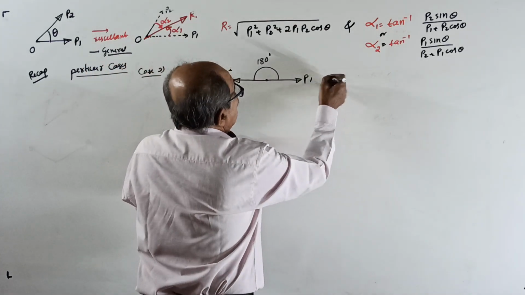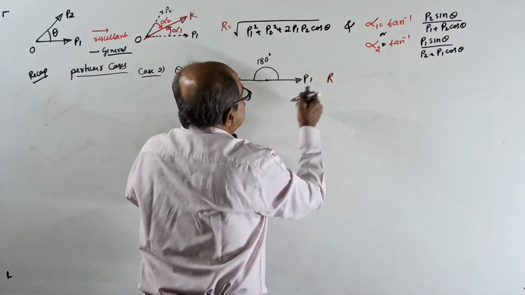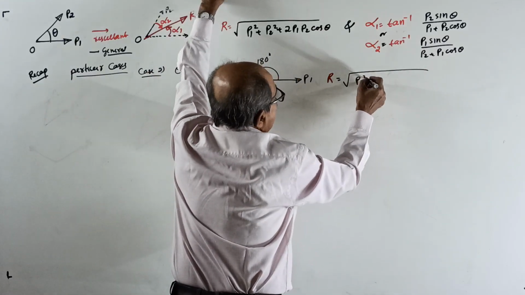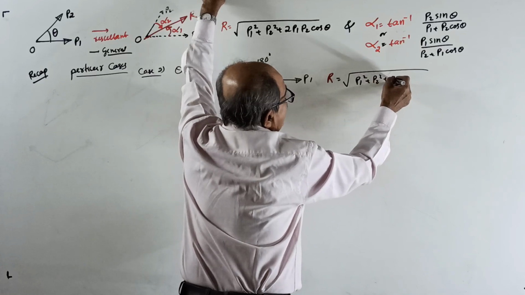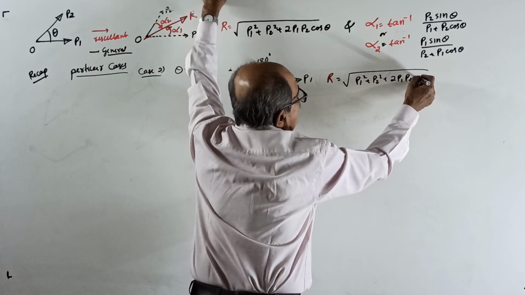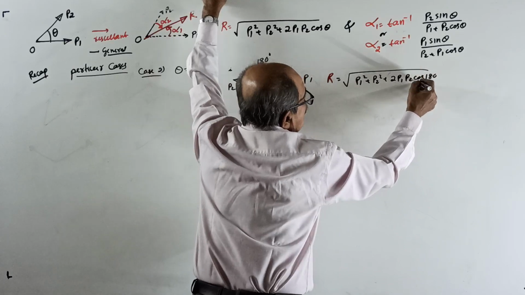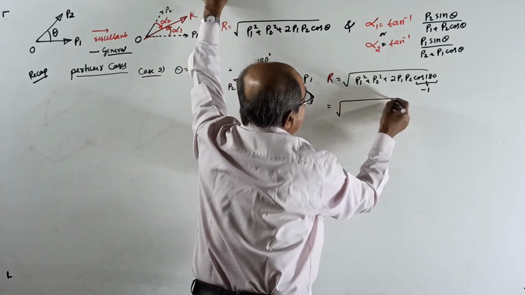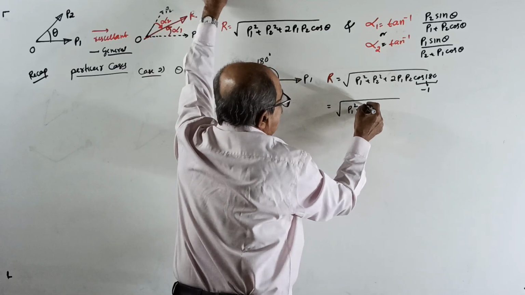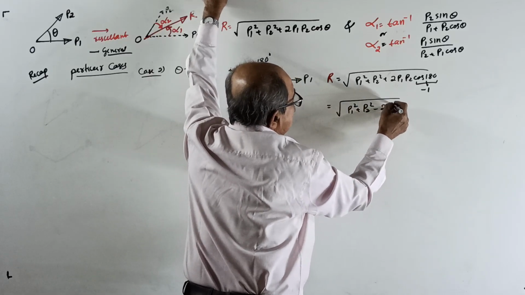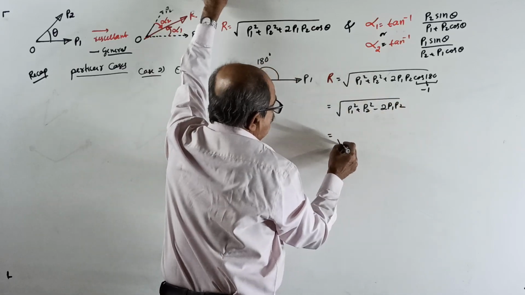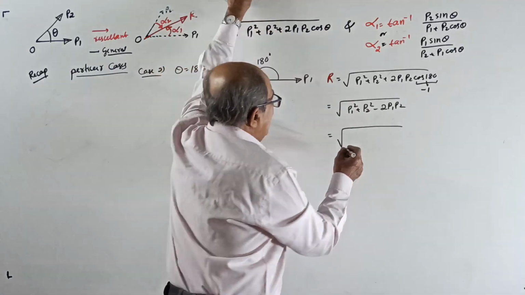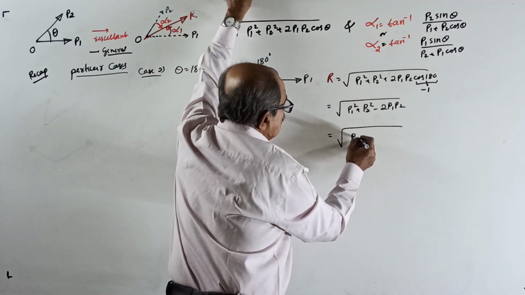See, now if you substitute, resultant R equal to square root of P1 square plus P2 square plus 2P1 P2 into cos 180. Cos 180 is minus 1, so equal to root of P1 square plus P2 square minus 2P1 P2, or equal to root of A square plus B square minus 2AB, which is A minus B whole square.